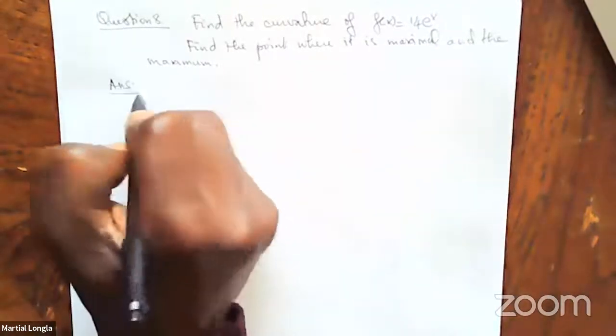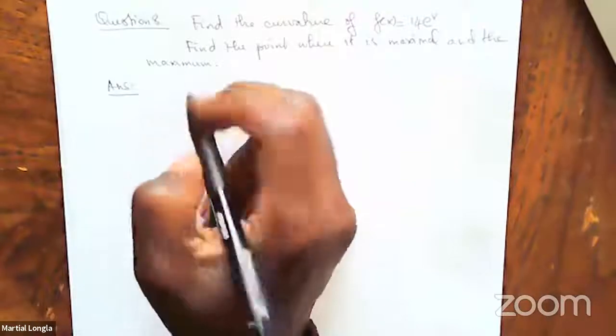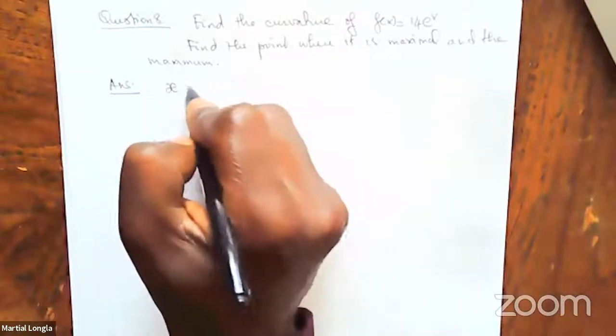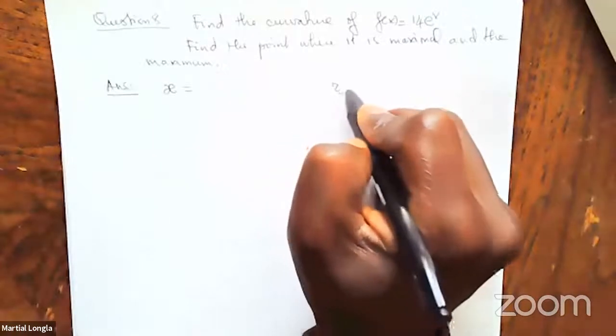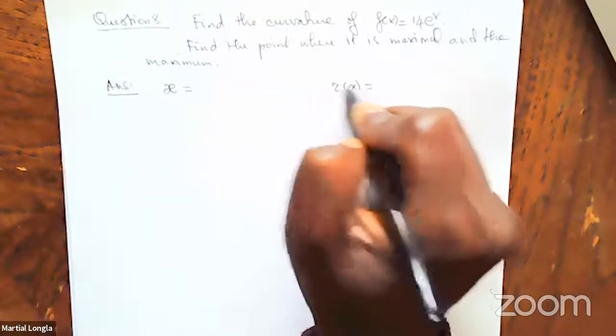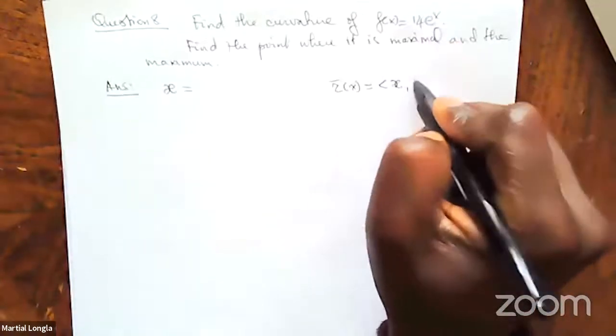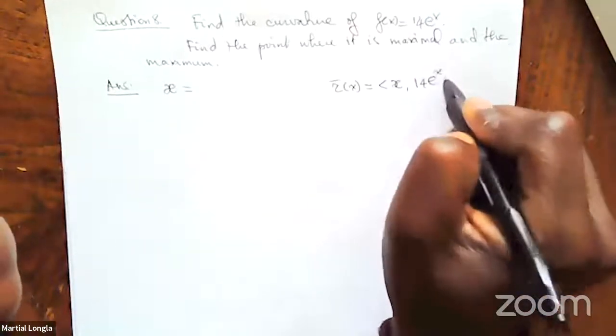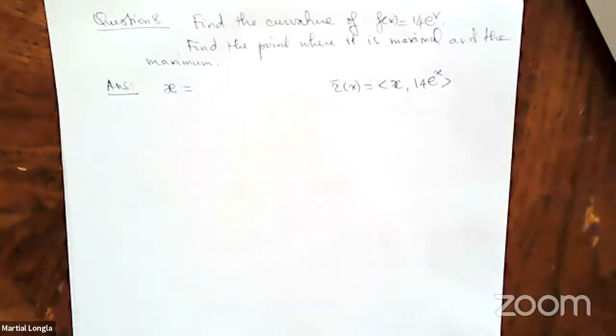And as the answer here, you're going to use the formula. What's the formula for the curvature? To do that, first you write down r of x, and then the y is 14 e to the x. And what is the formula for the curvature?